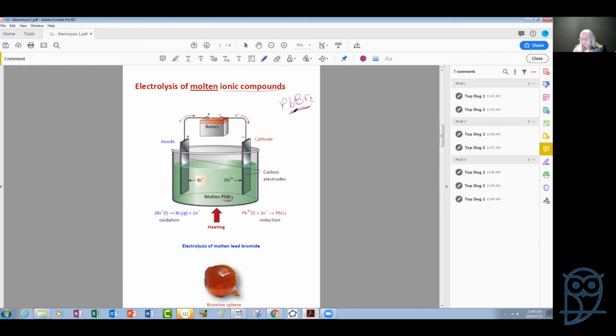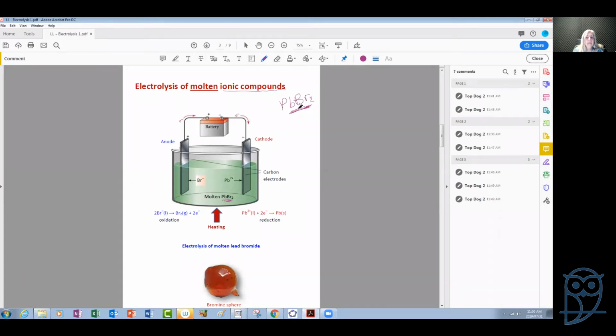We need to supply energy, heating, to melt it. And it so happens that for any ionic compound, to melt it we need to supply quite a lot of thermal energy, because they have a very high melting point.